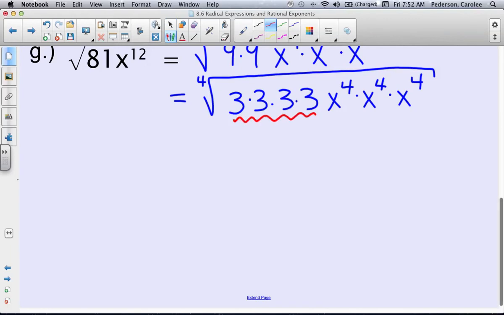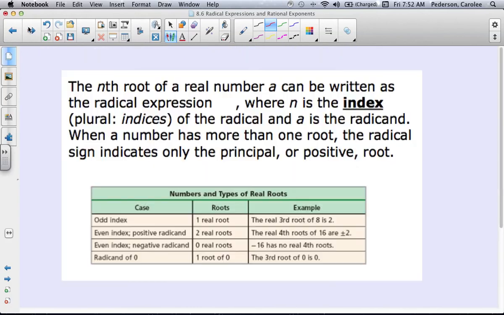So there's 4 of them. So what goes out in front is a 3. 4th root of x to the 4th is an x, three times. Nothing is left underneath, so our final answer then is 3x to the 3rd.